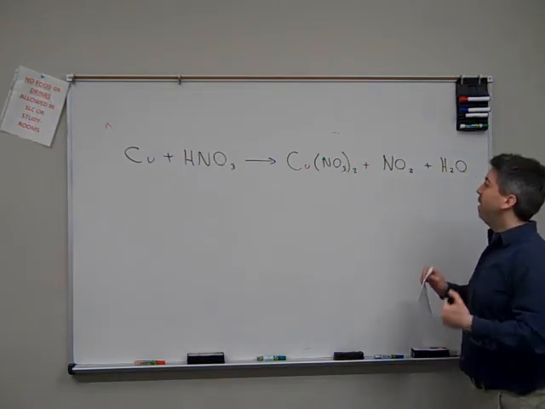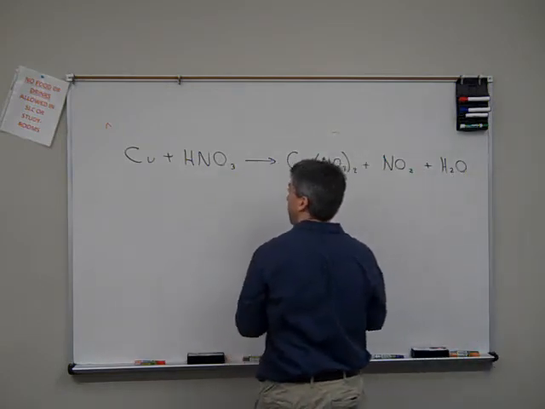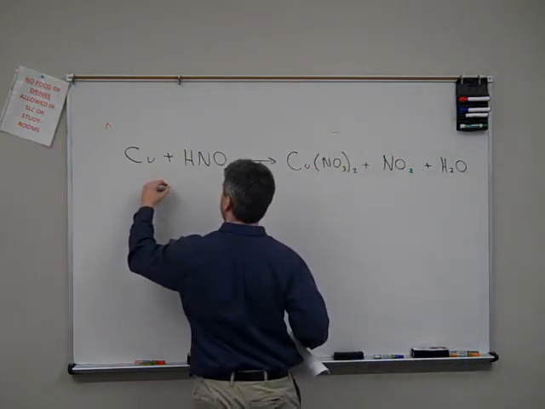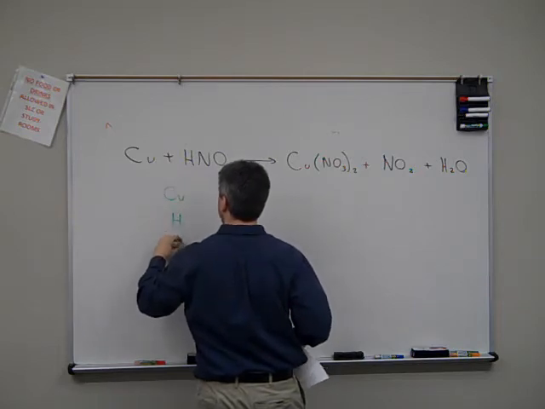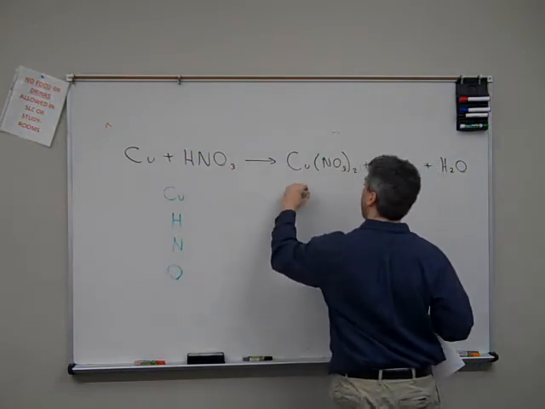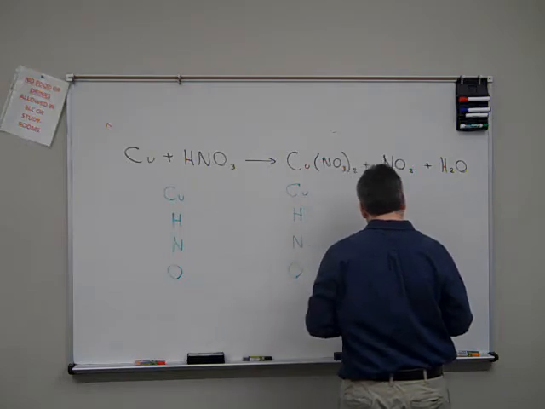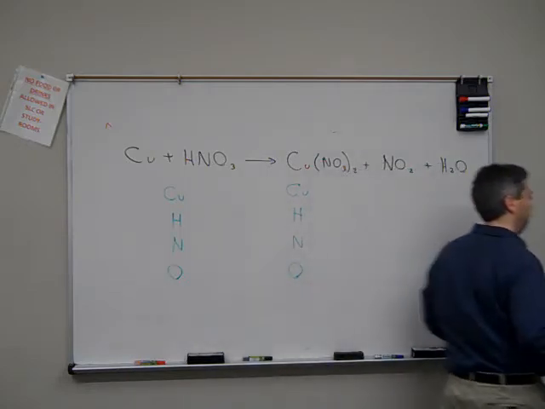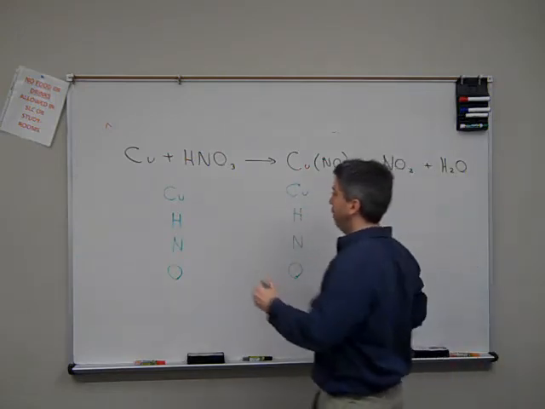Alright, so now here's the deal. This is a complicated reaction. But if you do like I mentioned before and you list out your elements, you can do this fairly easily. Somewhat easily. So copper, hydrogen, nitrogen, and oxygen. How many coppers on this side? One.